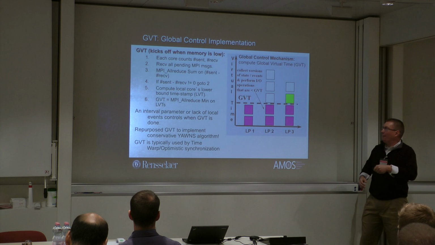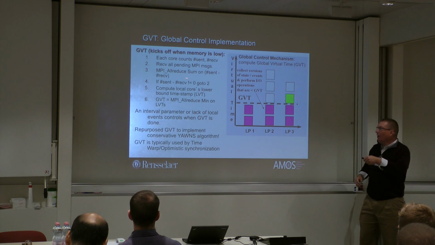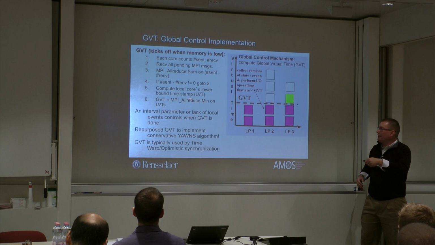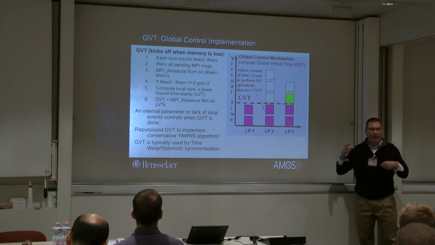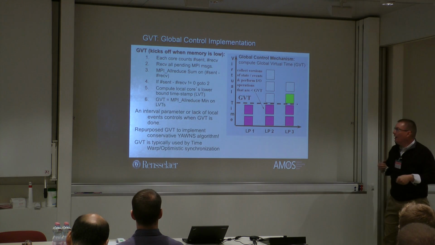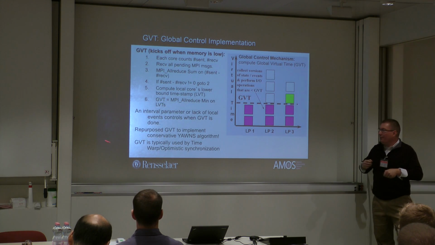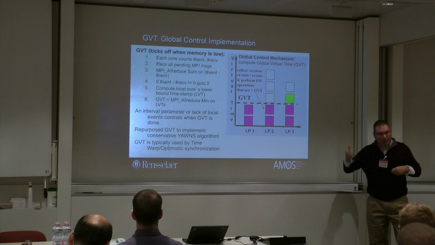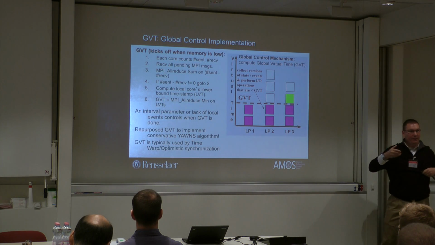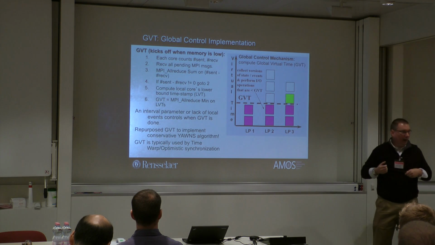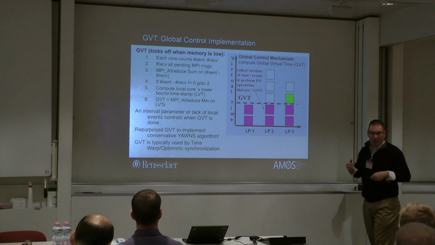Again, this is another collective operation. So this takes around order 10 microseconds. So it's very, very fast, even at scale. And so once we have this calculation, we can then use it in the YAWNS algorithm. Once we've computed GVT, we can advance to GVT plus the lookahead, and then essentially the algorithm keeps on going and starts processing events again.